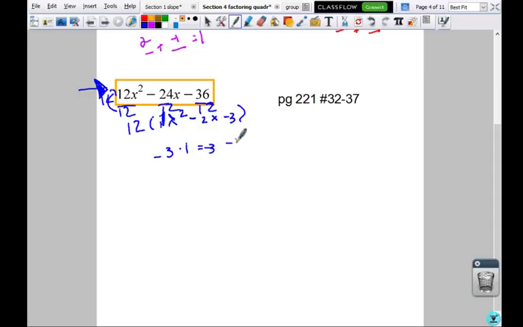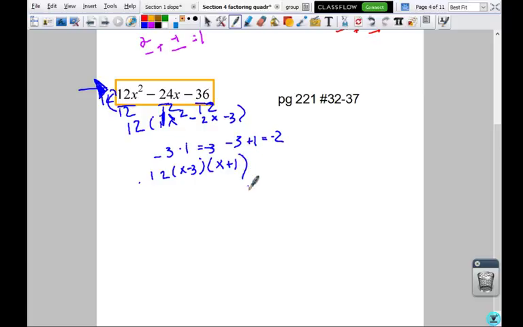What's the first number we said? When we factor like this, we always start with x.